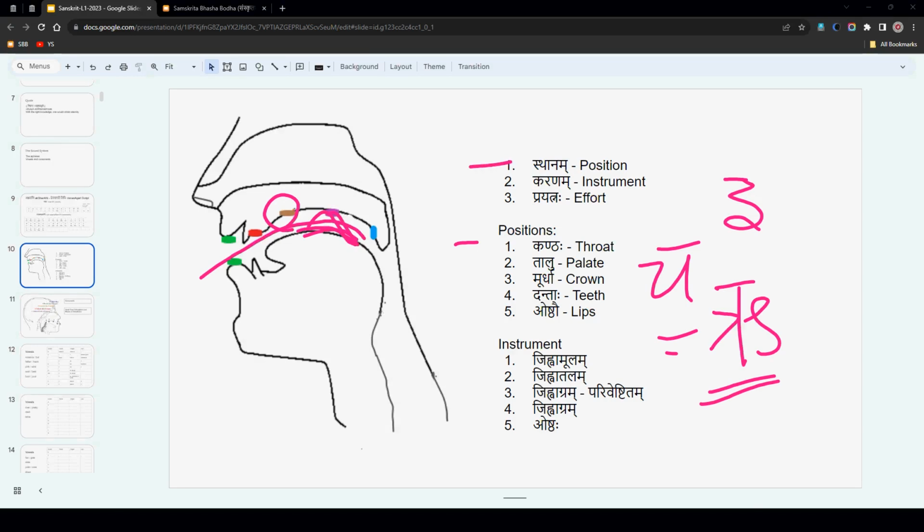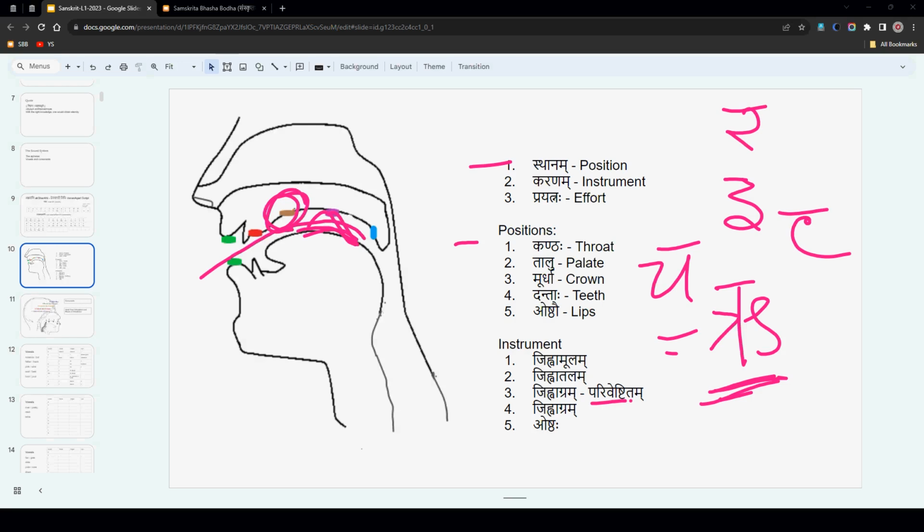But because it is murdhanya, what are the characteristics of murdhanya, like ta, tha, da, dha, na, is a pariveshtita juhvagra, rolled tongue tip, just like ta, or even ra. The tip is a little bit rolled, and we actually touch inside the mouth, this part, ra.